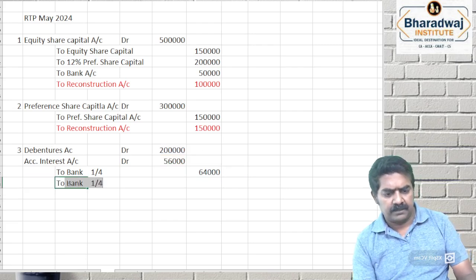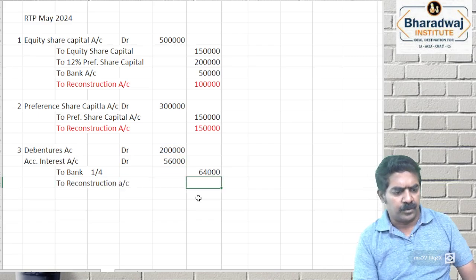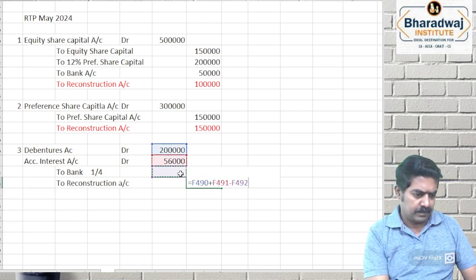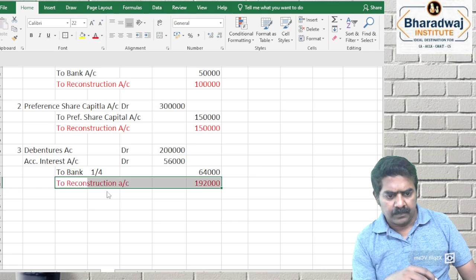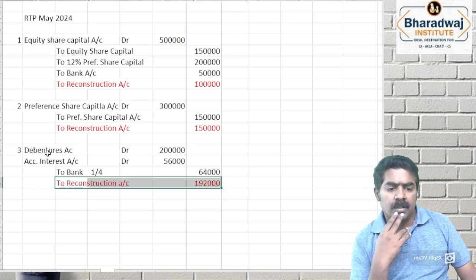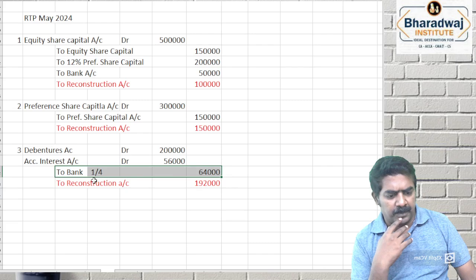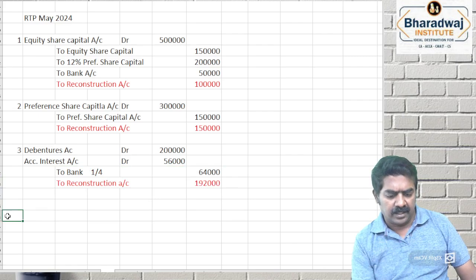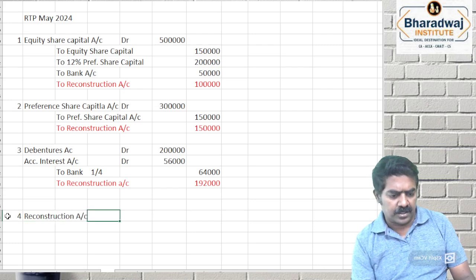Balance is waived. They have given three-fourths waived, right? What is the total amount due to them? Of 2,56,000, we pay 1/4, remaining 3/4 is waived. Then the balance to reconstruction account or capital reserve.